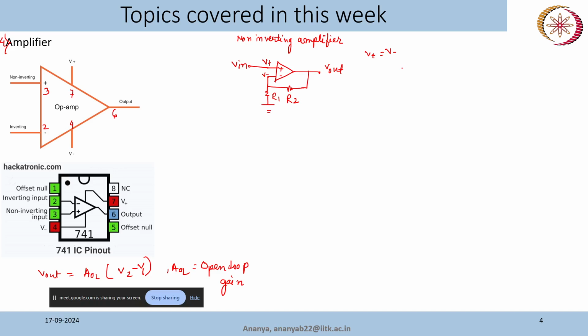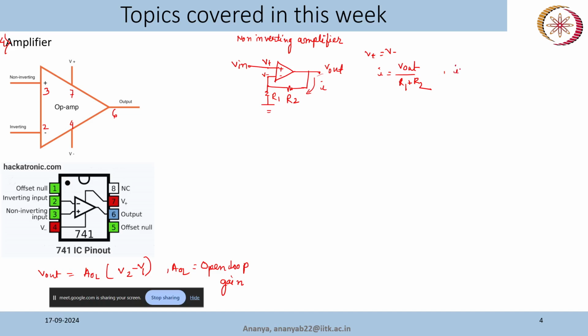Now in this case, V plus is equal to V in, right? So the voltage at this node is also V in. Say there is a current flowing through it like this, I. So I is equal to, we can use KVL in this loop, V out by R1 plus R2. Similarly, we can consider this node and apply KVL in this loop.